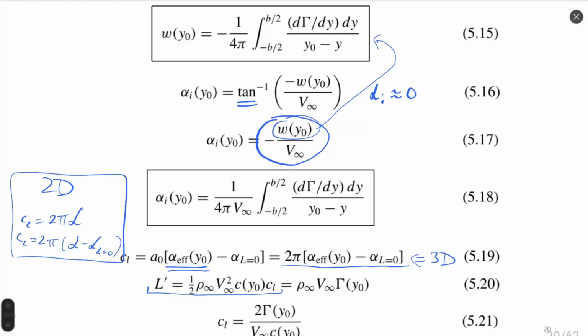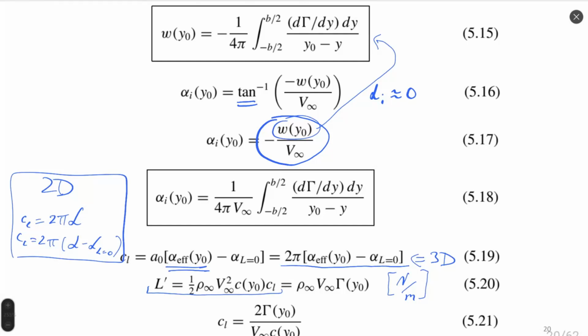Since this uses chord size, we obtain L prime for each 1 meter, and then we multiply by the length of the wing in meters, right? So this L prime is in Newton per meter. And then when we multiply by the size of the wing, for example, a wing with 3 meter wingspan, we will obtain the amount of newtons that sustain our wing.